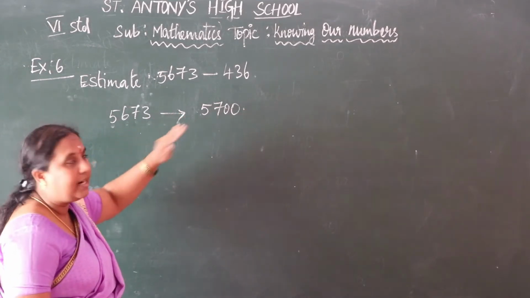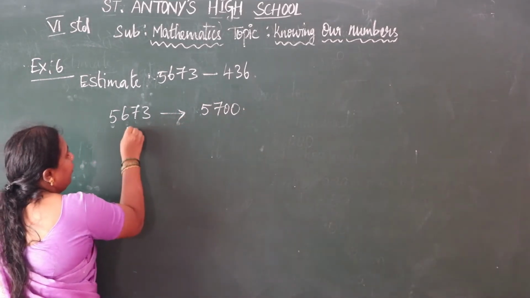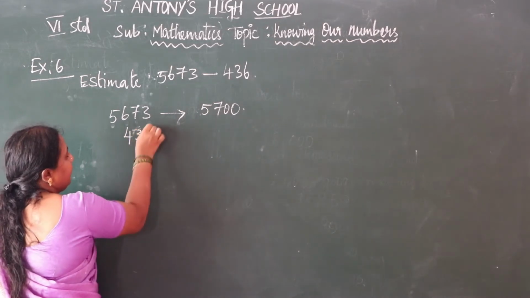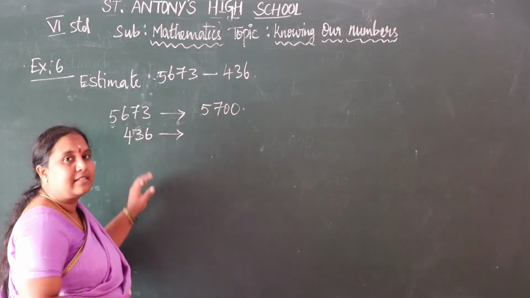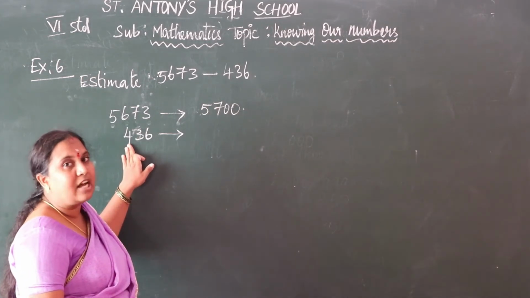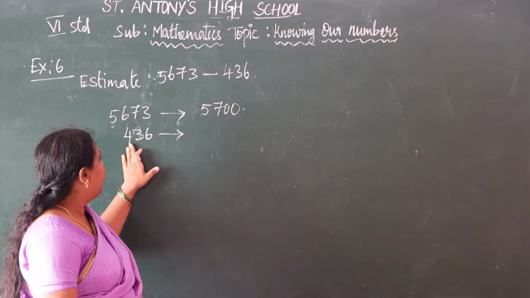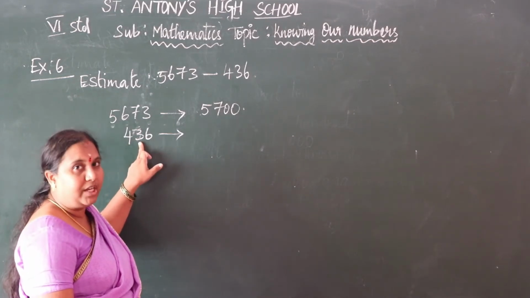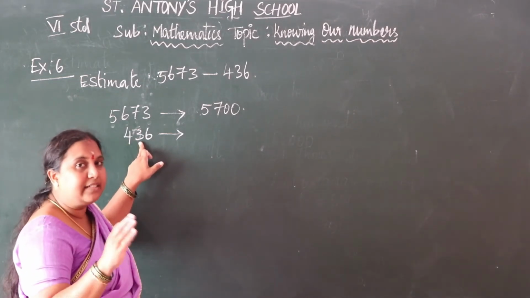Now we move on to the other number which is given: 436. Here also we round it off to the nearest hundreds. Nearest hundreds means we are considering the 3 in the tens place.